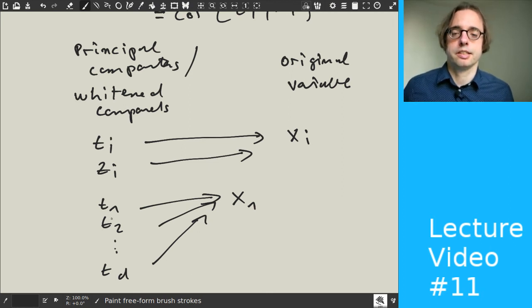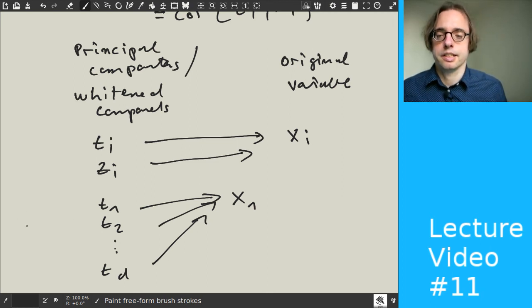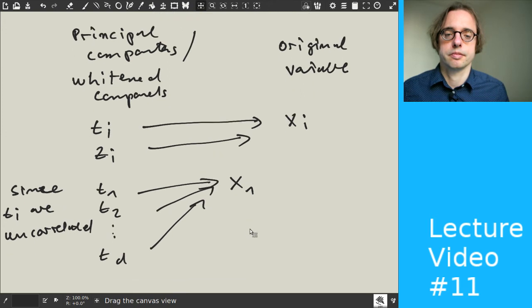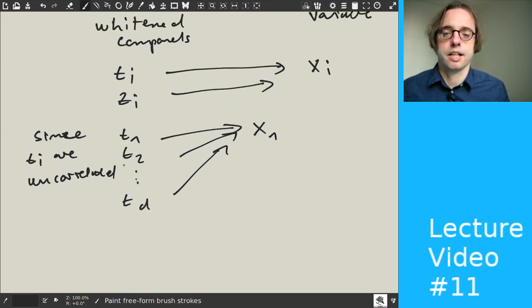So what does this say? Since the ti are uncorrelated, the squared correlations give a measure of variable importance.